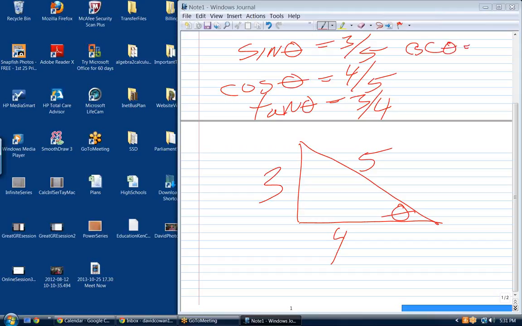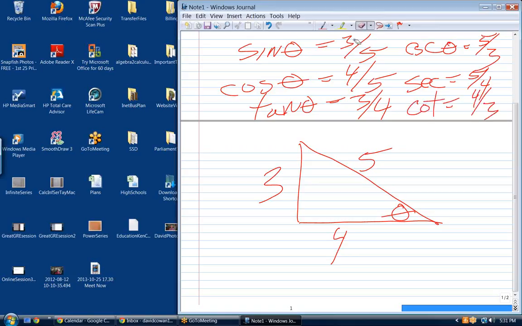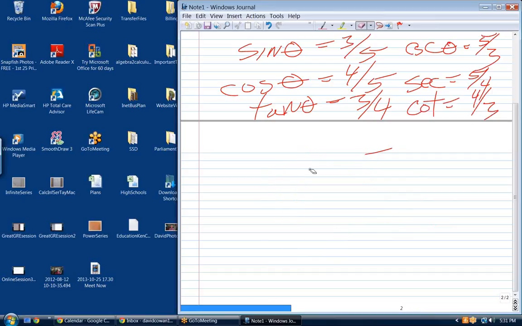Cosecant would be 1/sine, so 5/3. It's just the reciprocal of sine. The secant would be the reciprocal of cosine, and the cotangent would be the reciprocal of tangent. Okay? That's a good start.